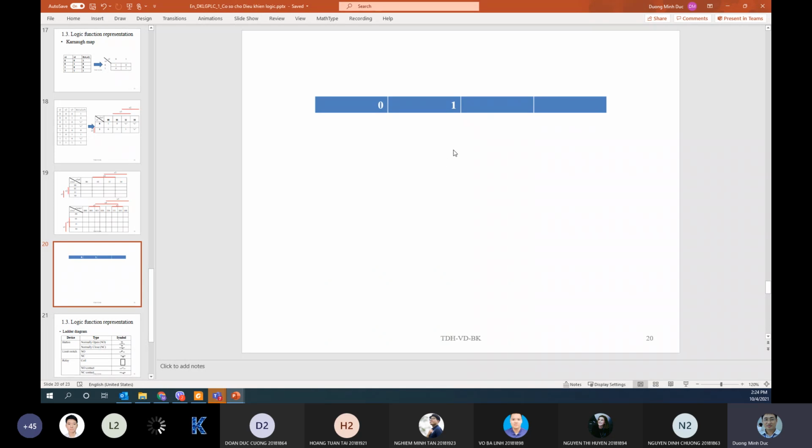So in order to expand the result from the 2 column to the 4 column, we do the mirroring first. This is the mirror. First is 1, its mirror here is 1, and 0 is mirrored here, so it's 0.